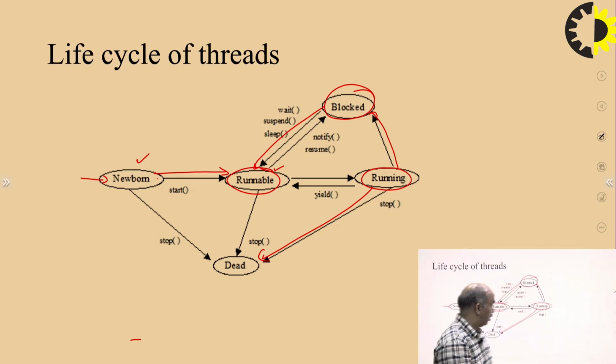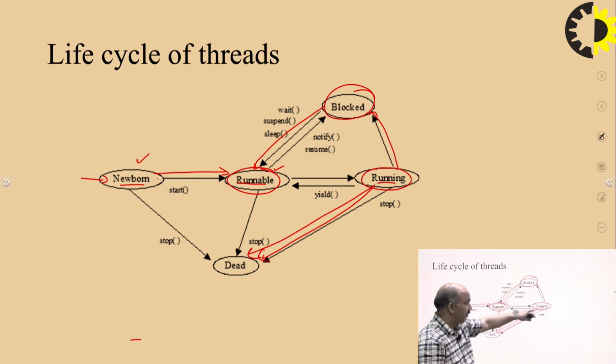So, what we do: whenever a new thread is created, it moves to the newborn state. From there it moves to the runnable state, receives the resources, and moves to the running state. If all the resources are provided and it executes successfully, it moves to the dead state, so that other threads can be used and can have the resources.